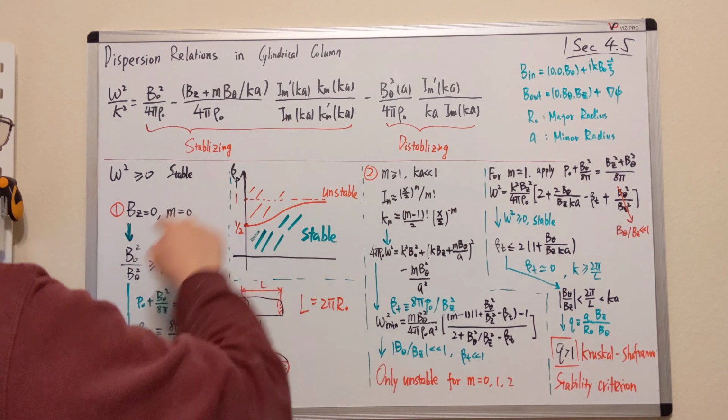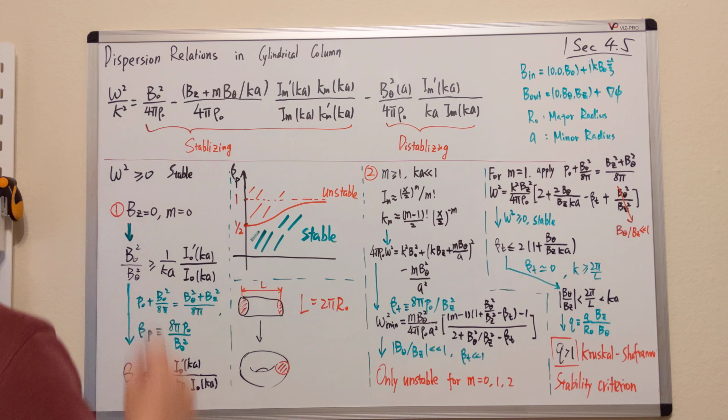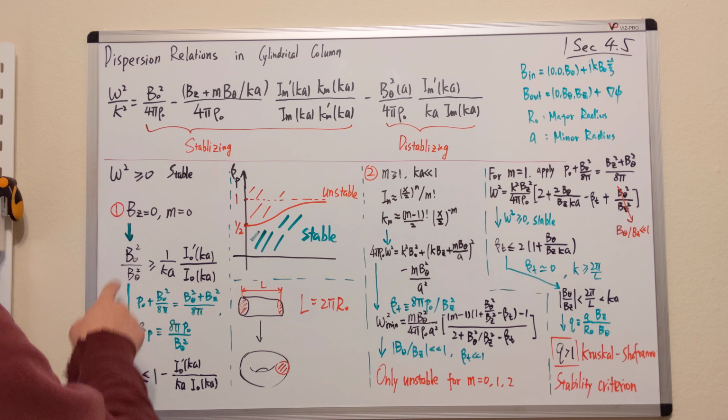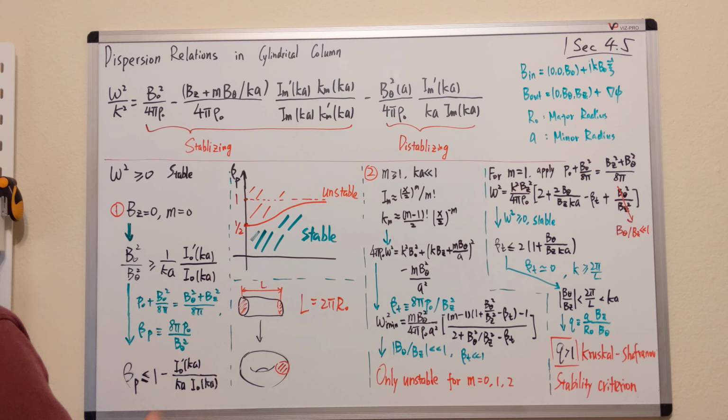Basically, this cancels out, and this goes to the denominator, and we have this expression. We apply the boundary conditions of the pressure balance and define the poloidal beta as such. After some algebra, substituting this in terms of beta, we have beta p less than or equal to 1 minus I0 prime over ka I0.